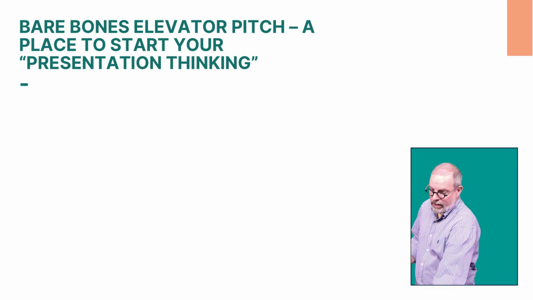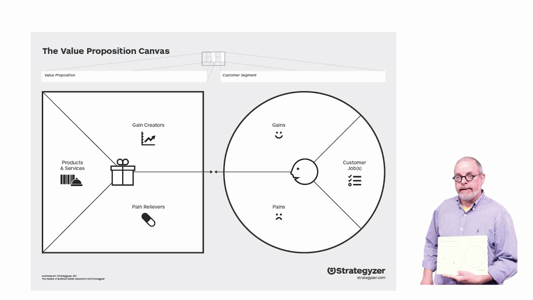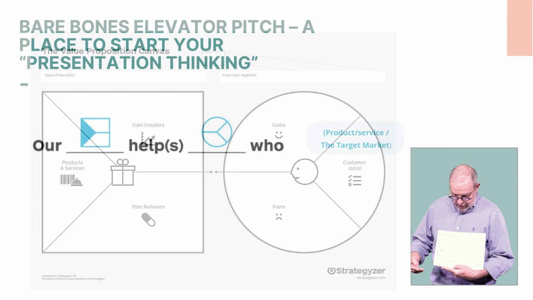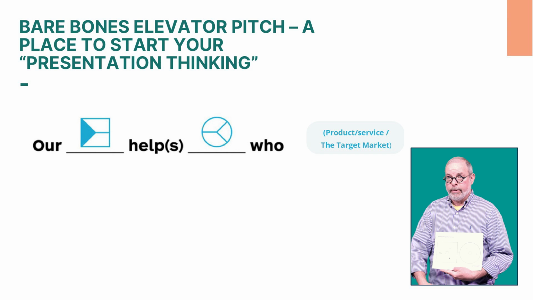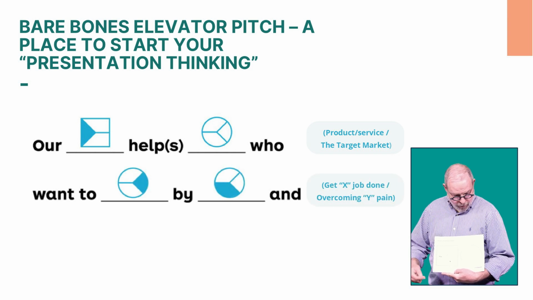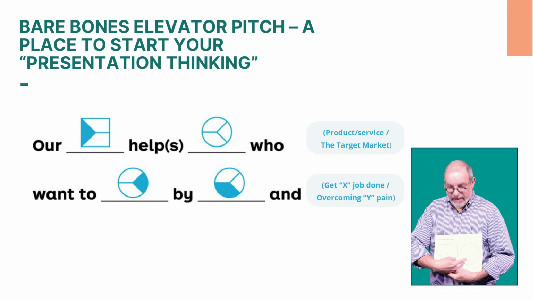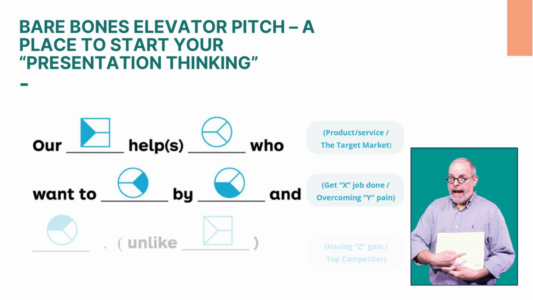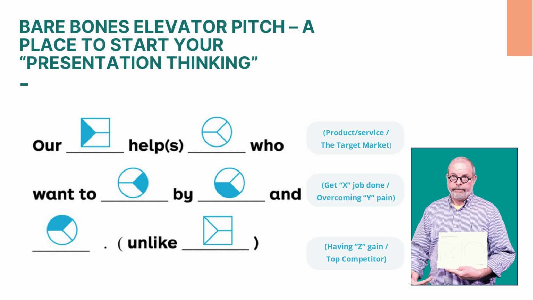Once again, use your canvas to help create a sentence like, our products and services help our target customer who want to get these jobs done by overcoming this pain and having these gains, unlike a competitor.